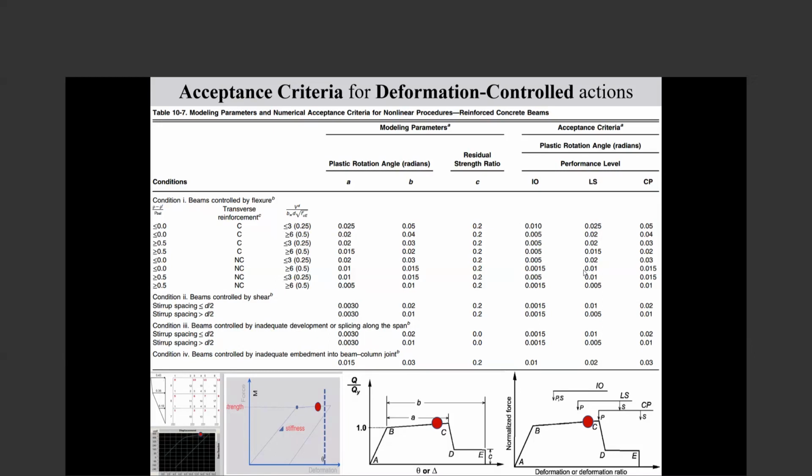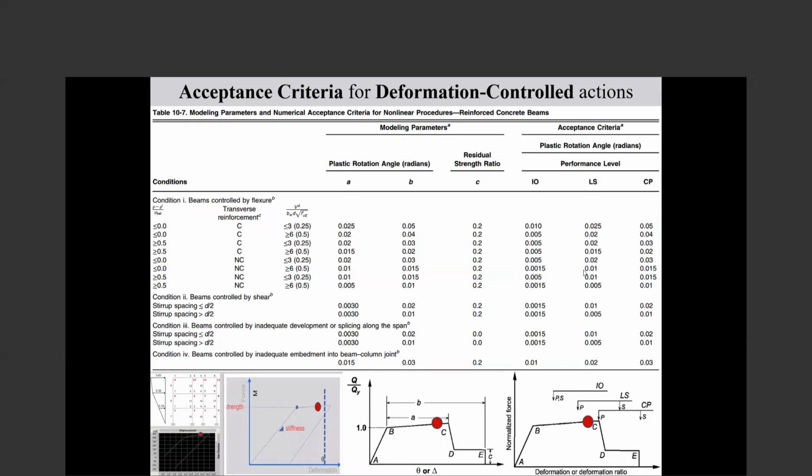But other codes follow one of these. So they don't have this information. What is this information? It says that life safety is, for example, when the plastic rotation is this much for this case. So it gives you some numbers.